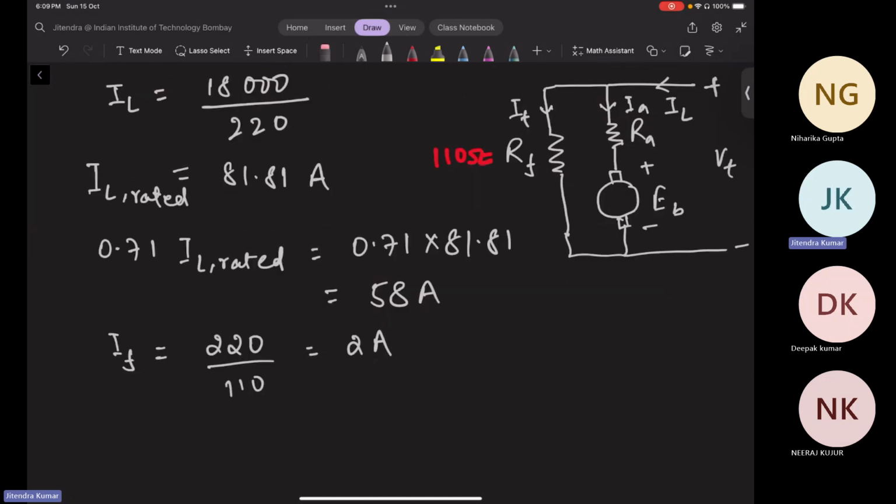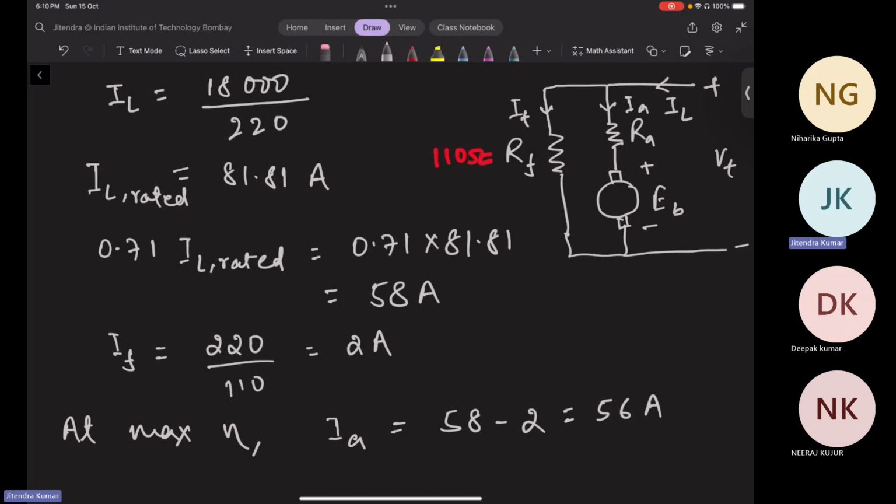Now, at maximum efficiency, IL will be 58, sorry, IA, not IL. Armature current we want to find out. 58 minus 2, that will be 56 amps. Okay, so we have calculated field current and armature current at that condition.